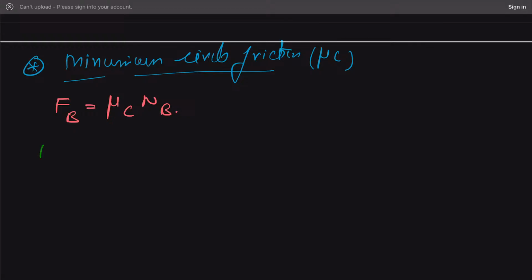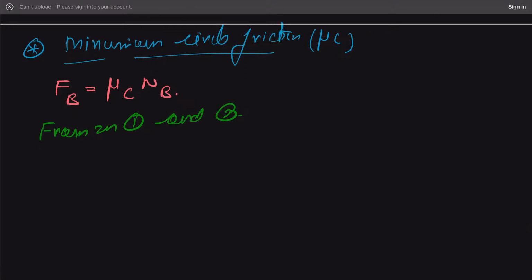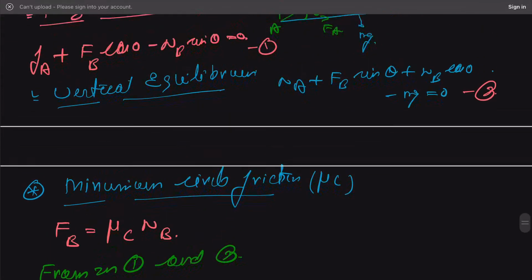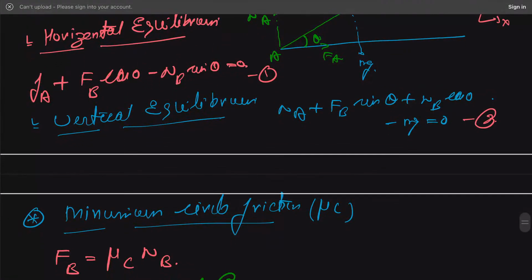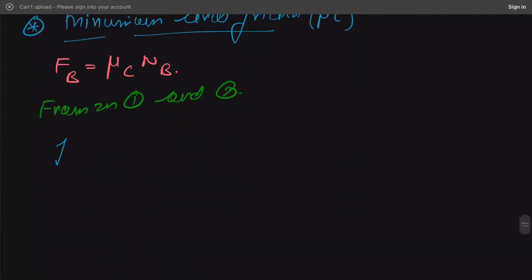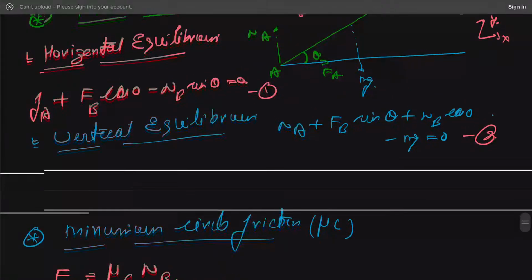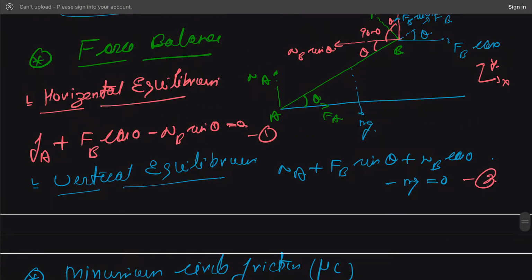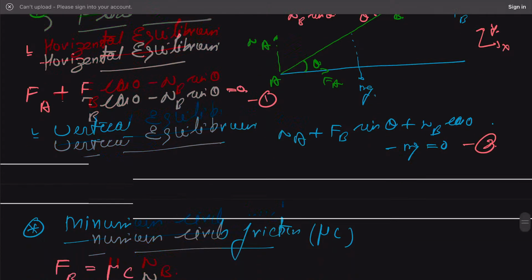So we can say from equation 1 and 2, we can say that F of A, one second, okay, I've written this, this is F of A, that's correct.